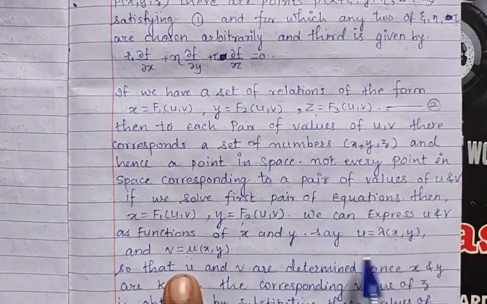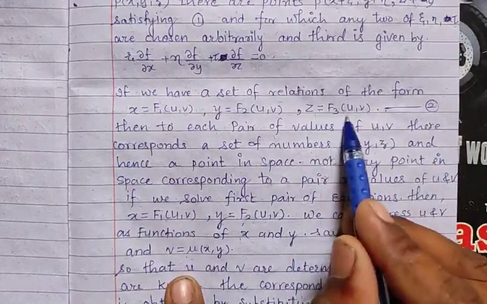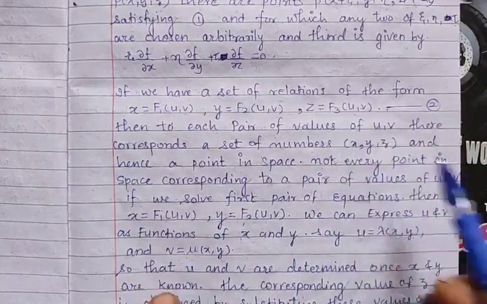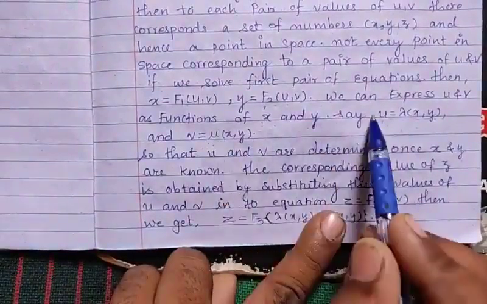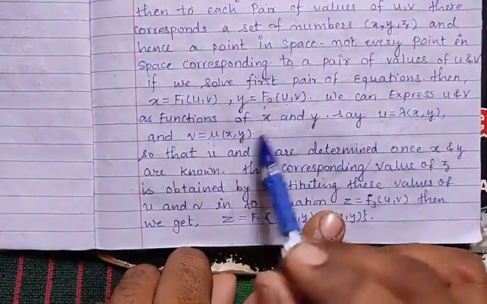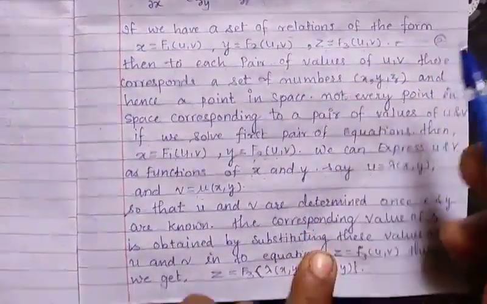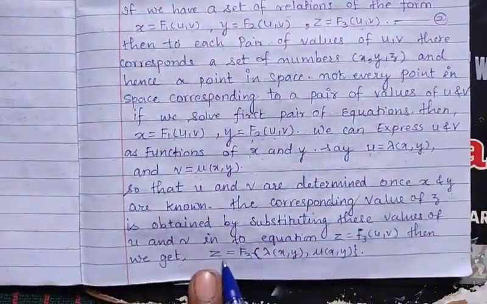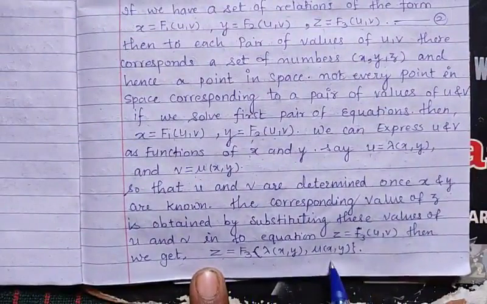Substituting these values of u and v in equation 2, which is z equal to f3 of u, v, we get the value of z, that is, z is equal to f3 of lambda of x, y comma mu of x, y.